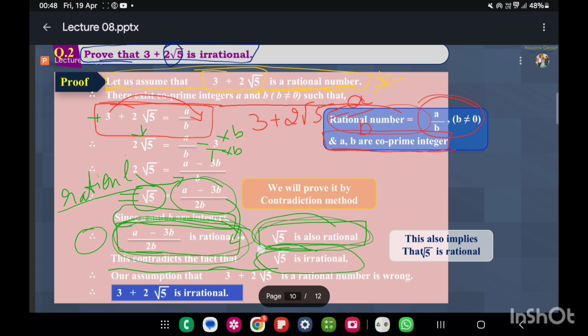Root 5 is irrational, because before this we assumed it rational and proved that root 5 is irrational. Here also root 5 is irrational, so a minus 3b divided by 2b, which equals root 5, is also irrational. Already we proved that root 5 is irrational.